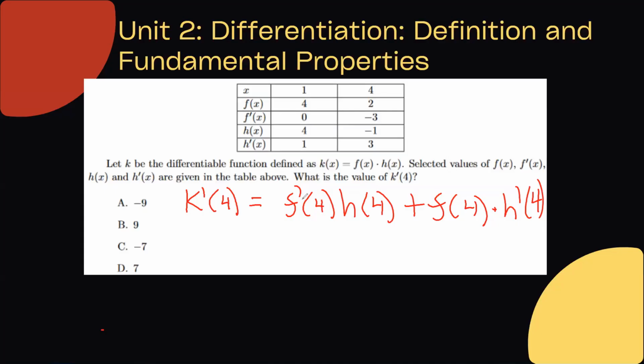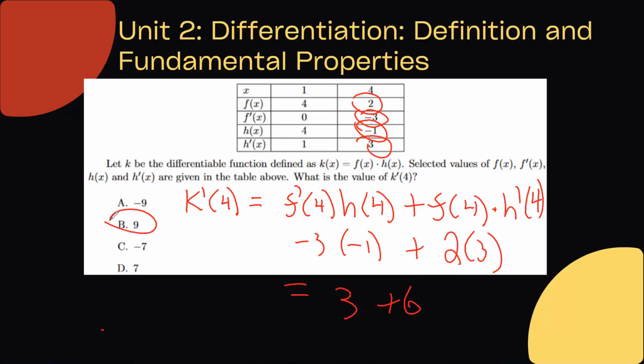From the table, f prime of 4 is negative 3. h of 4 is negative 1. f of 4 is 2. And h prime of 4 is 3. So 3 plus 6 is 9.